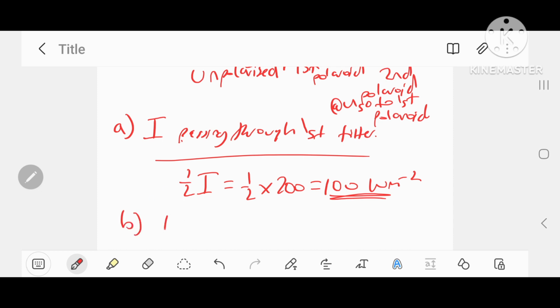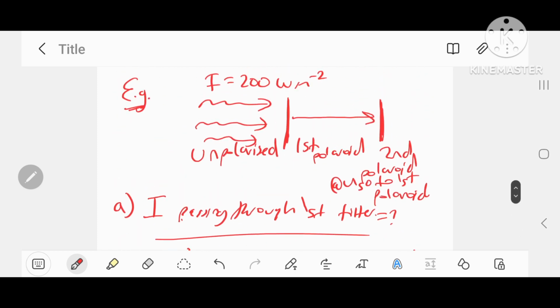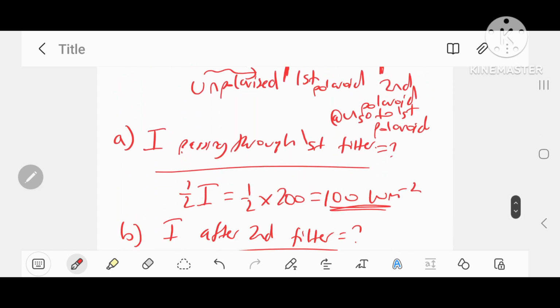That's part A. Part B, suppose we need to find the intensity after the second filter. How do we go about this? Well, we need to use Malus's law. So Malus's law states that I is equal to I sub max cos squared theta. I sub max, we know what that is. That's simply the maximum intensity being transmitted.